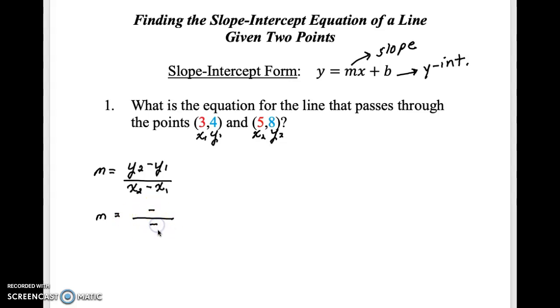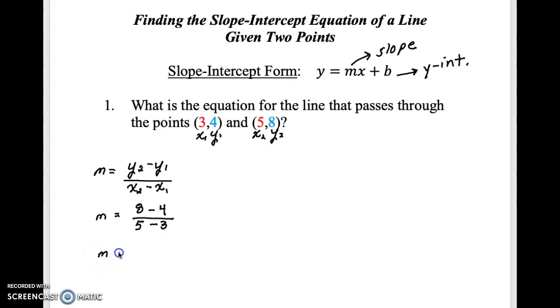I like to draw my framework out, so I put my fraction bar and my minus signs in there right away. So y2 minus y1, well, y2 is 8 and y1 is 4, the blue values. So we have 8 minus 4. In the denominator, the x values, we start with x2, which is 5, and then 3. So we have 5 minus 3.